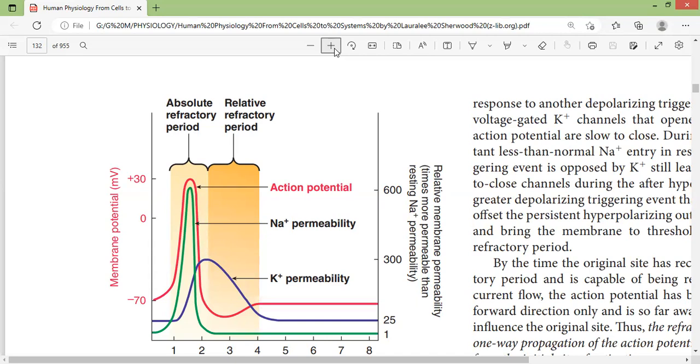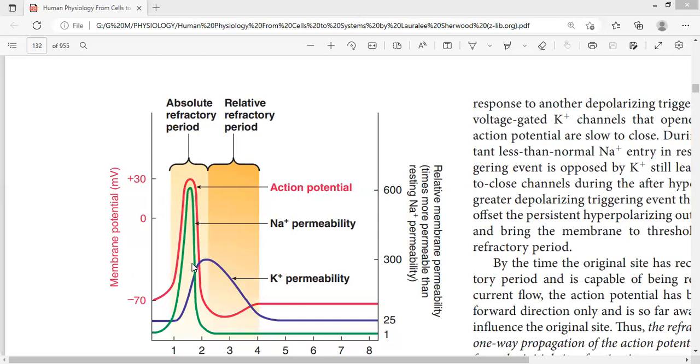Yeah, perfect. In the absolute, absolutely no way another action potential can be generated. You can even see from the diagram that this is the absolute refractory period. This is a stage whereby we have our neuron being depolarized and being repolarized.